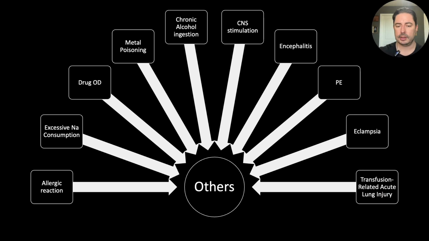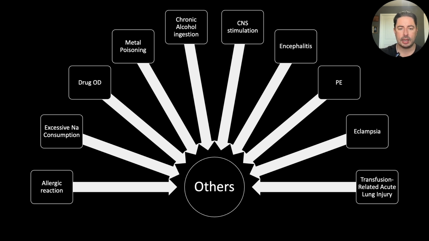Other causes, here's a list: allergic reactions, excessive sodium consumption, drug overdoses. For drug overdoses, we're looking at heroin, aspirin, amphetamines. This could be cocaine, anti-tuberculosis agents. This could be chemotherapy agents for cancer patients. So those could all lead to non-cardiogenic pulmonary edema.